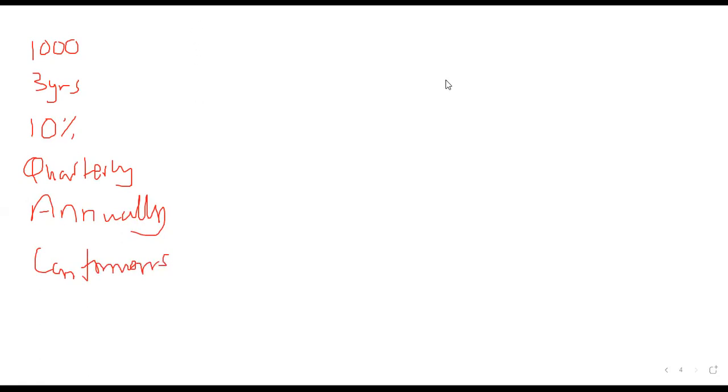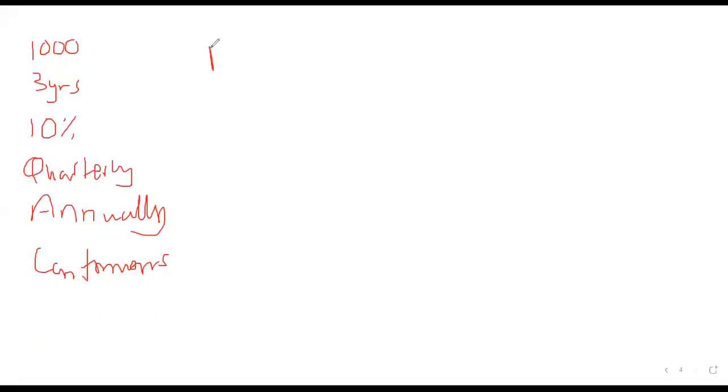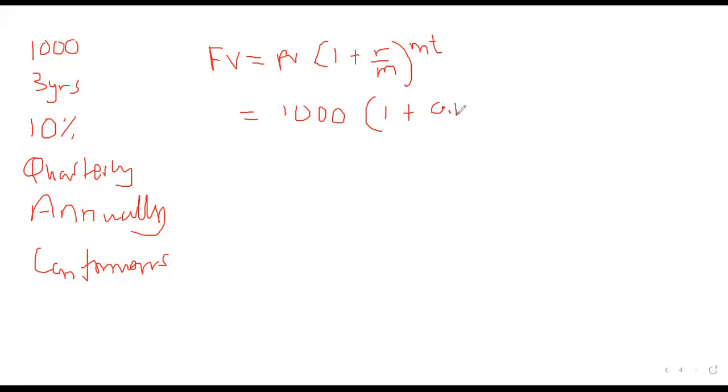Quarterly, we're going to say future value is equal to what? Present value, brackets, 1 plus R over M, to the power M times T. So what's our present value? 1,000. Okay. What is our rate?